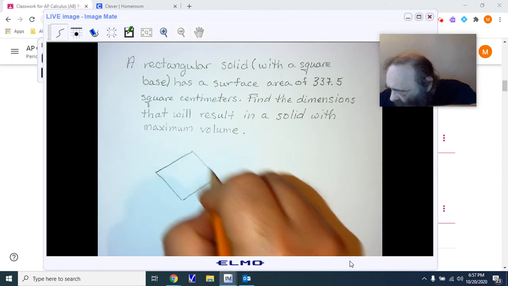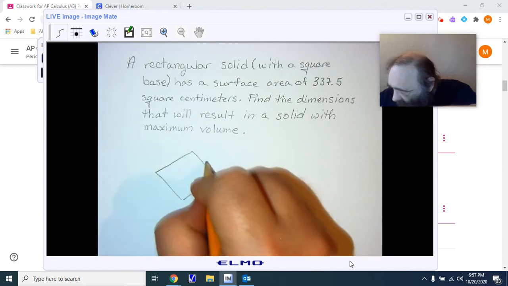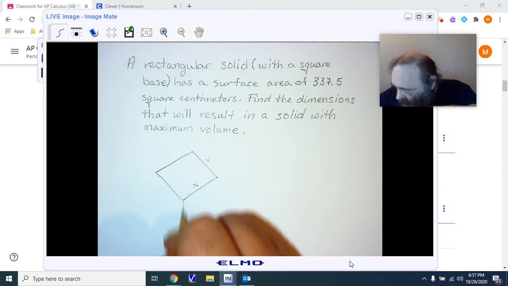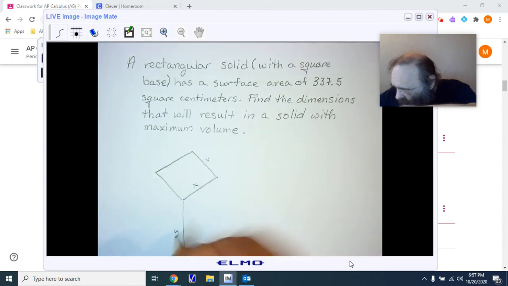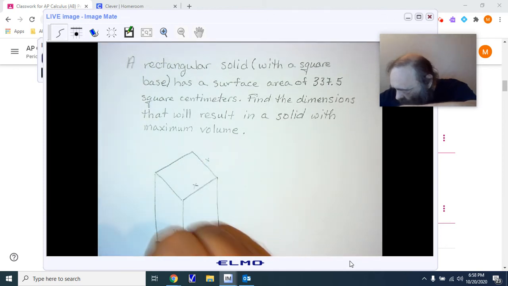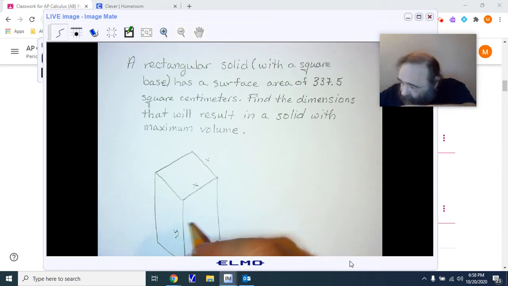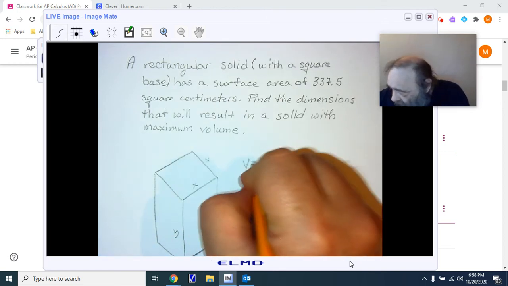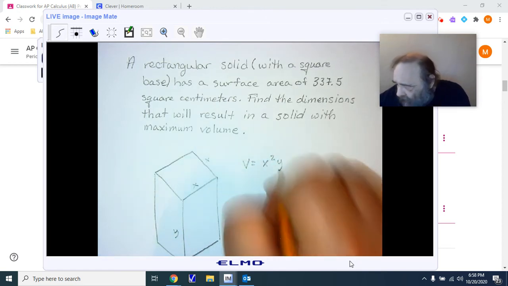My box has a square top, and we're going to call it x and x. Then it has a very long, non-square side. I just connect it all together. Now you'll notice my volume then is x squared y.